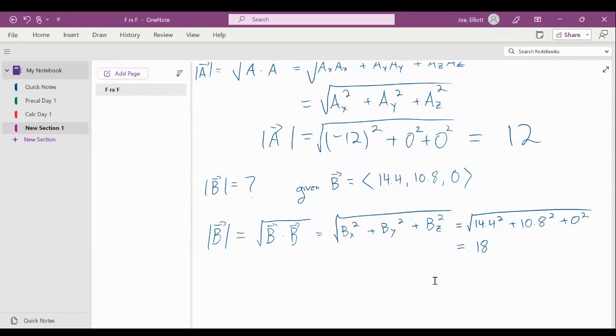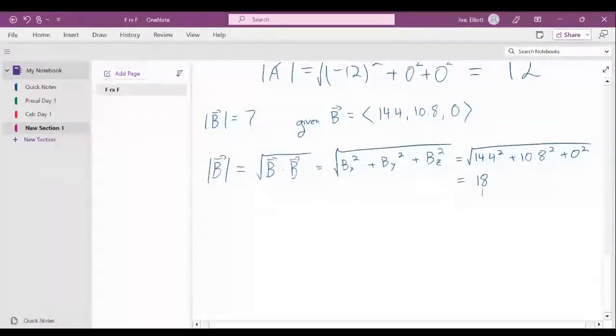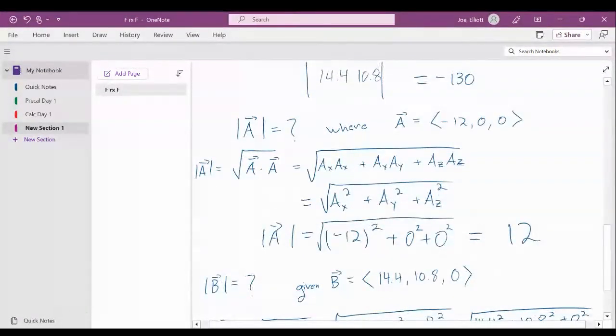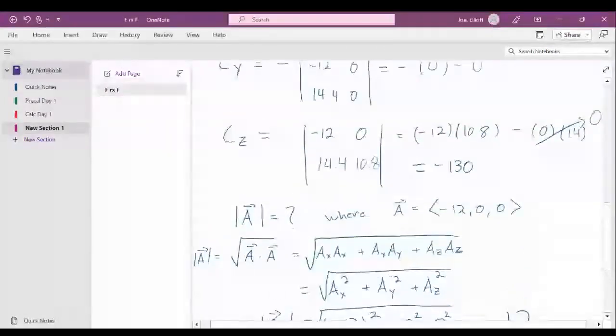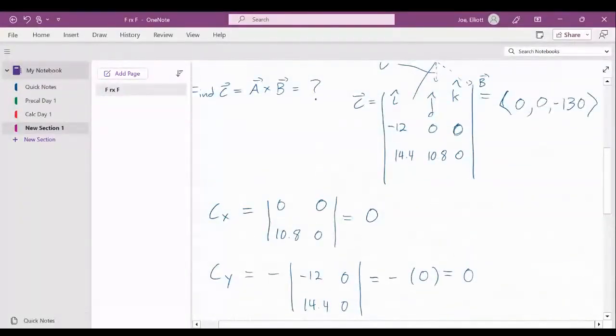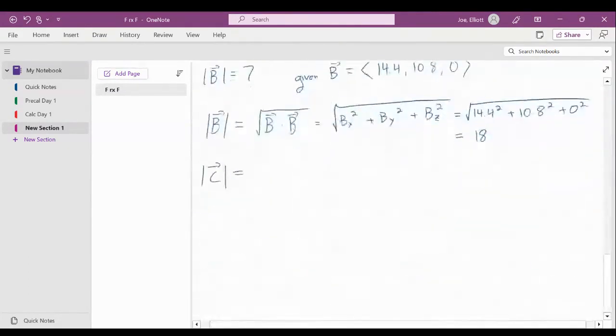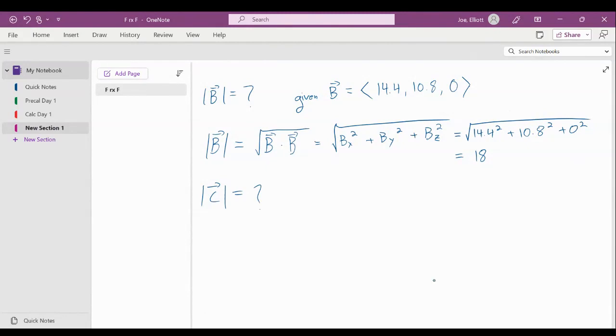Well, now that we have the magnitude of A and the magnitude of B, I think we should just go ahead and find the magnitude of C. And then from there, find the angle between A and B. Well, C is also sort of trivial because it only has one component.